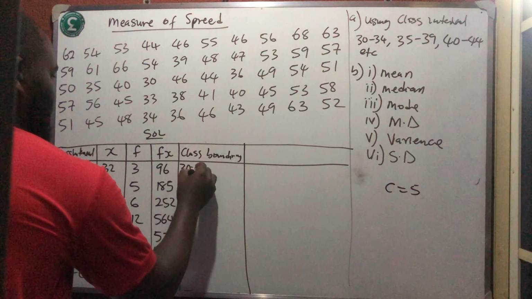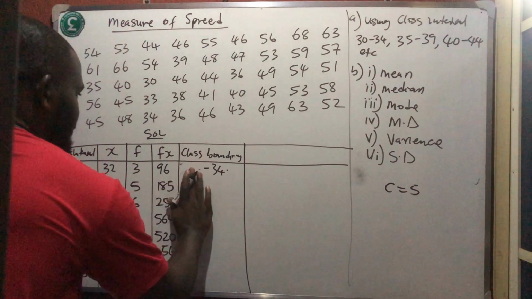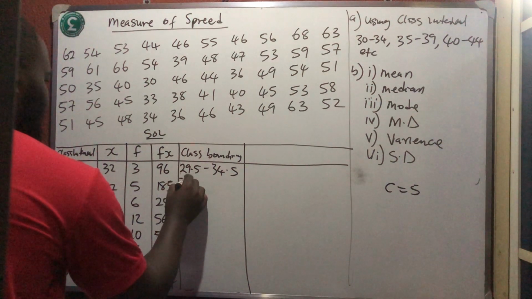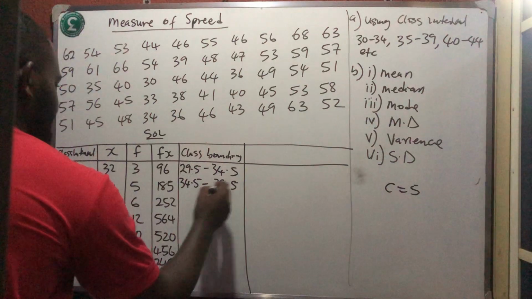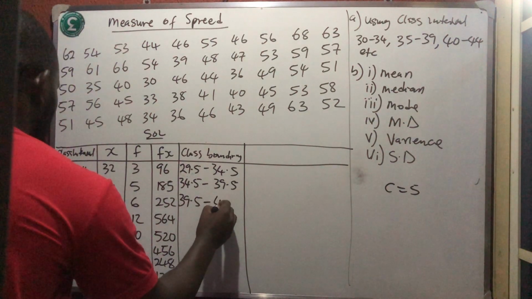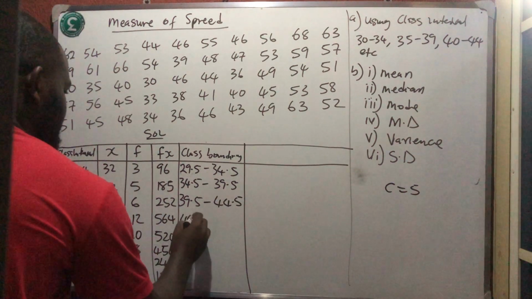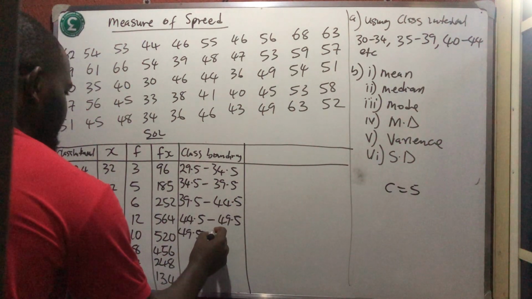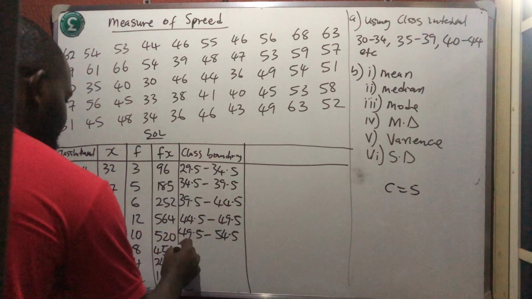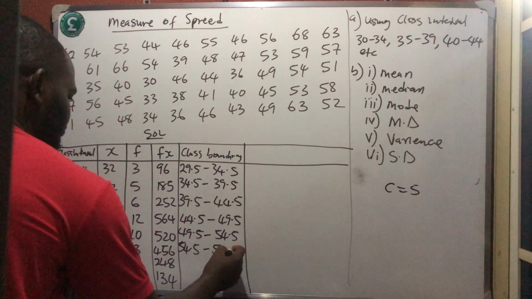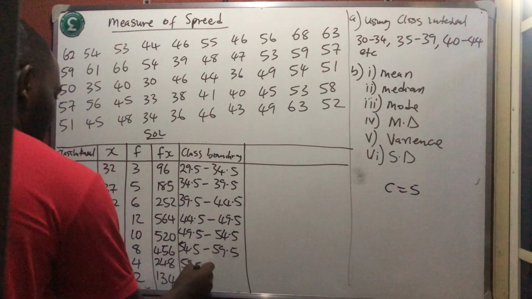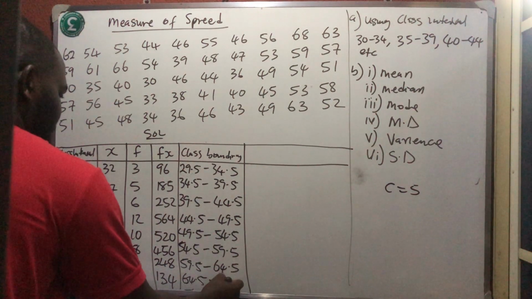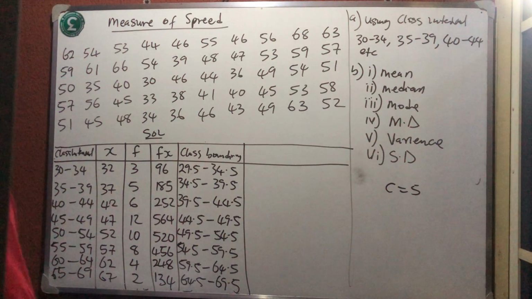So I'm going to have 29.5 and 34.5. 34.5 and 39.5. 39.5 and 44.5. 44.5 and 49.5. 49.5 and 54.5. 54.5 and 59.5. 59.5 and 64.5. 64.5 and 69.5. Okay, and that is what will help us to get the class boundary.